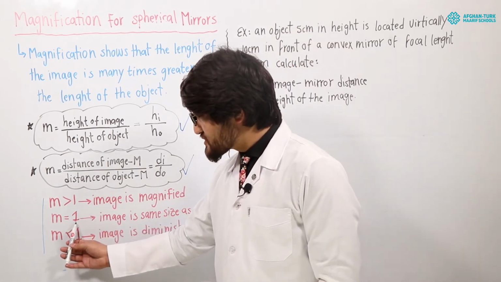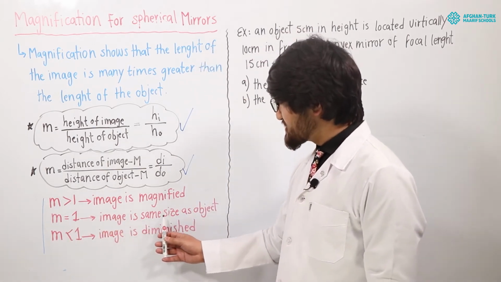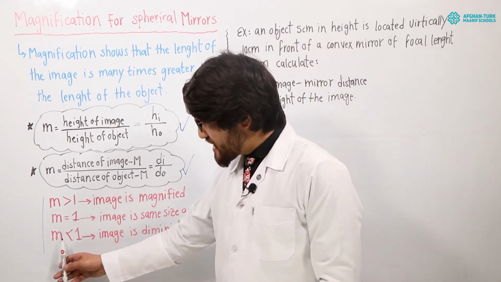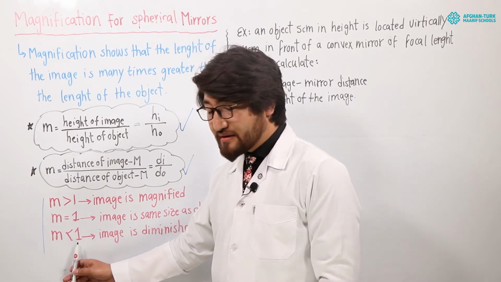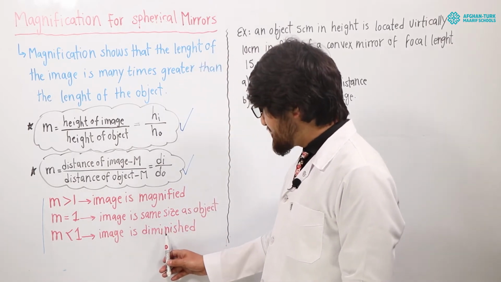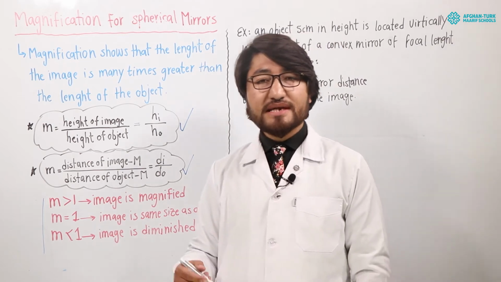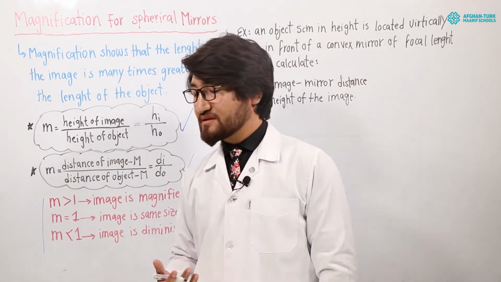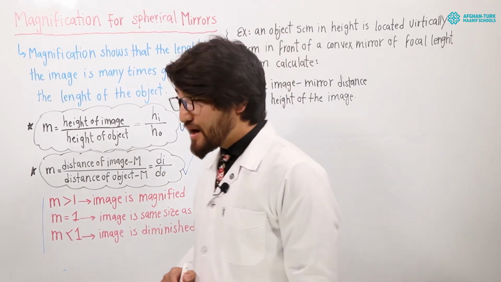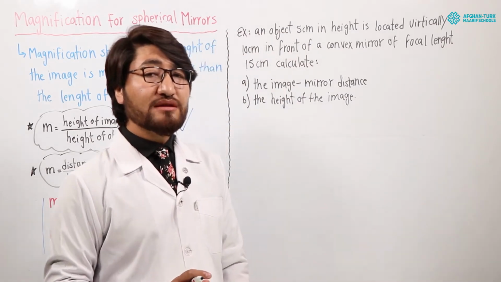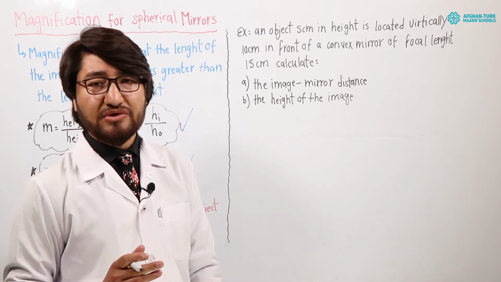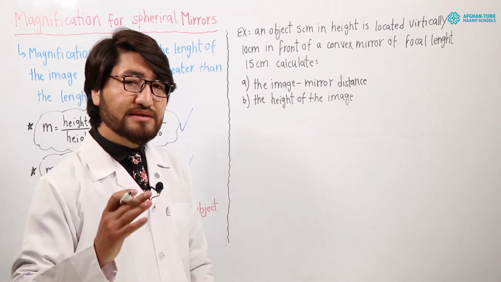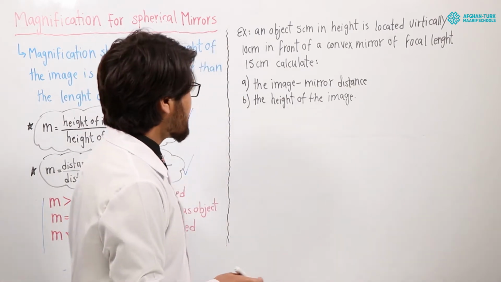If M is equal to 1, the image is the same size as the object. If M is smaller than 1, the image is diminished. What is diminished? It means the height of the image is smaller than the height of the object. Remember this point. And also, magnification does not have units. Magnification is a quantity that doesn't have units.